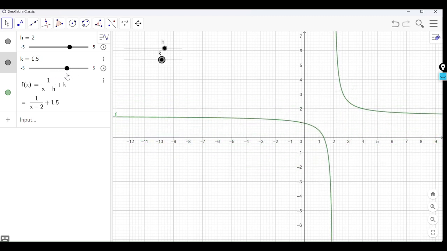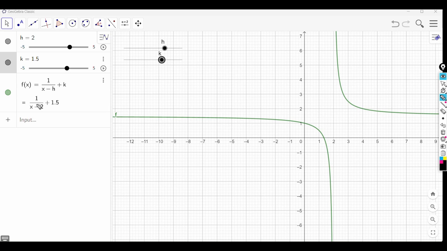So the numbers that go in the reciprocal function here and here end up causing those vertical and horizontal shifts. Importantly, the horizontal one, the left-right one, has this minus sign there. So right now, you can see the current version of the function is based on where the sliders are.